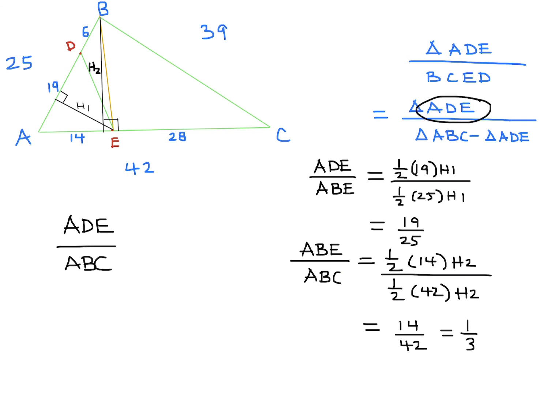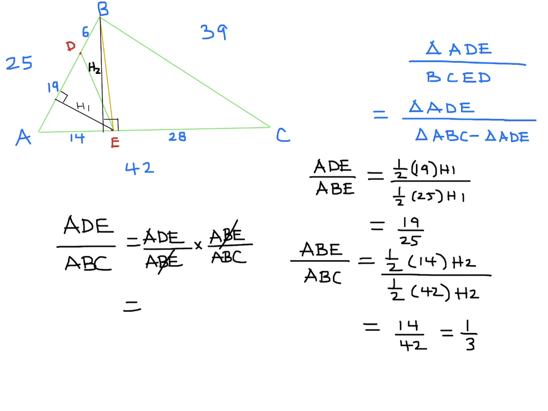So now we can look at ADE and ABC. That's very helpful because those are the triangles that are in our big ratio that we have to find. Well, I'm going to use what I just figured out. ADE over ABC is essentially ADE over ABE times ABE over ABC.